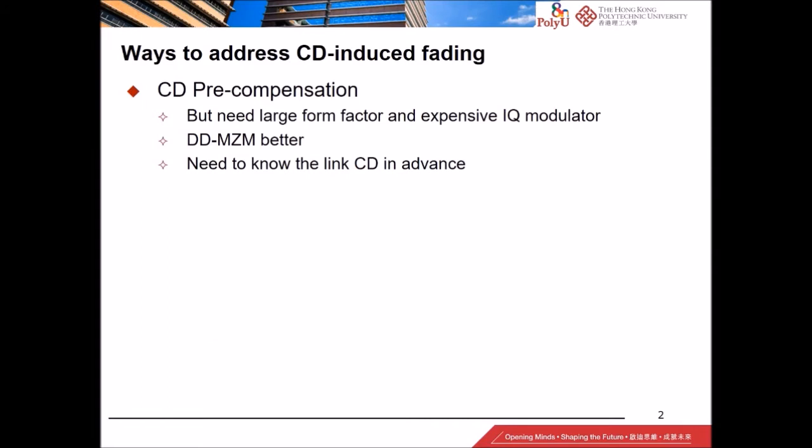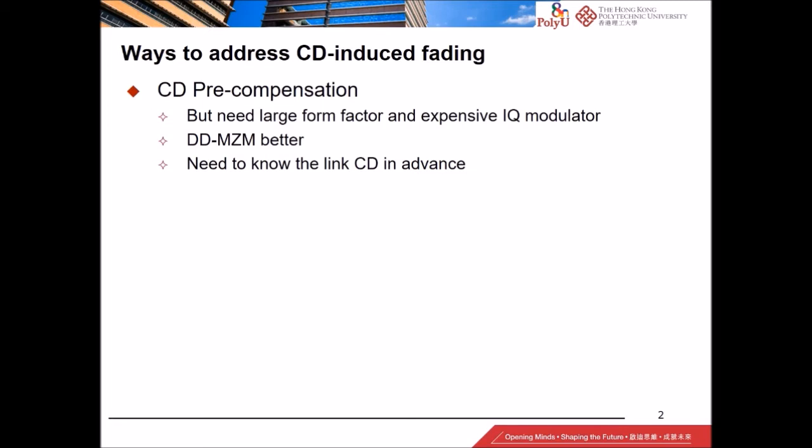First of all, you can do CD pre-compensation. But typically we would need large form factor and expensive IQ modulators. These sort of ideas are not new. We have seen these sort of approaches in coherent communications a decade ago. But for short-reach communications, we are even more constrained in terms of device form factors and power consumption.